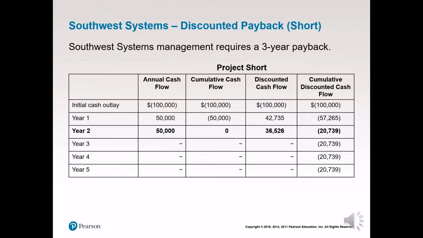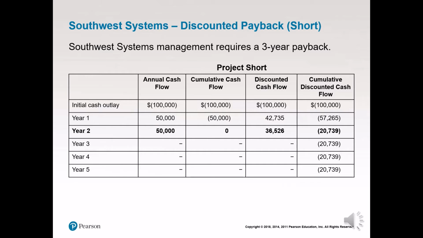As you can see, year 1, rather than it being worth $50,000, is really discounted back to only $42,735, and year 2's $50,000 today is really only worth $38,000. So you can see that this project never really does have a payback if we use the discounted payback method.